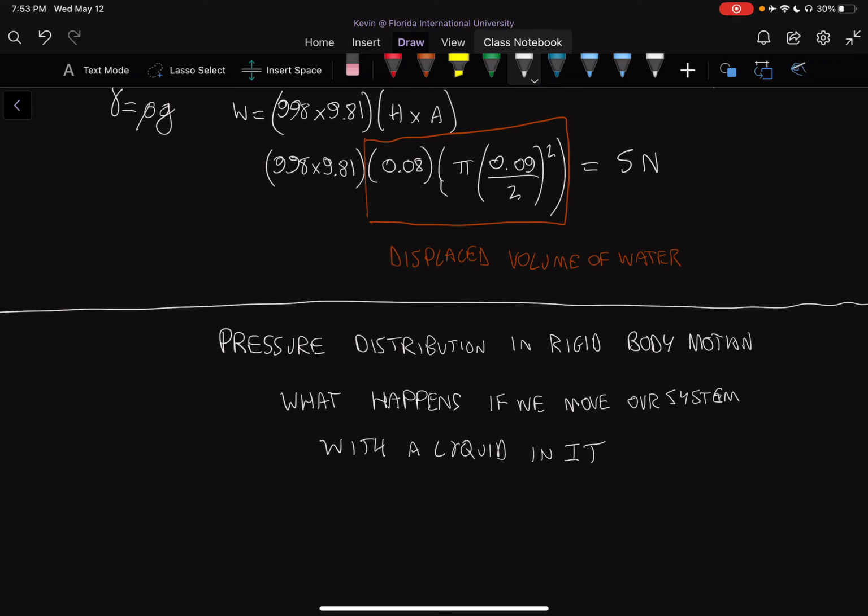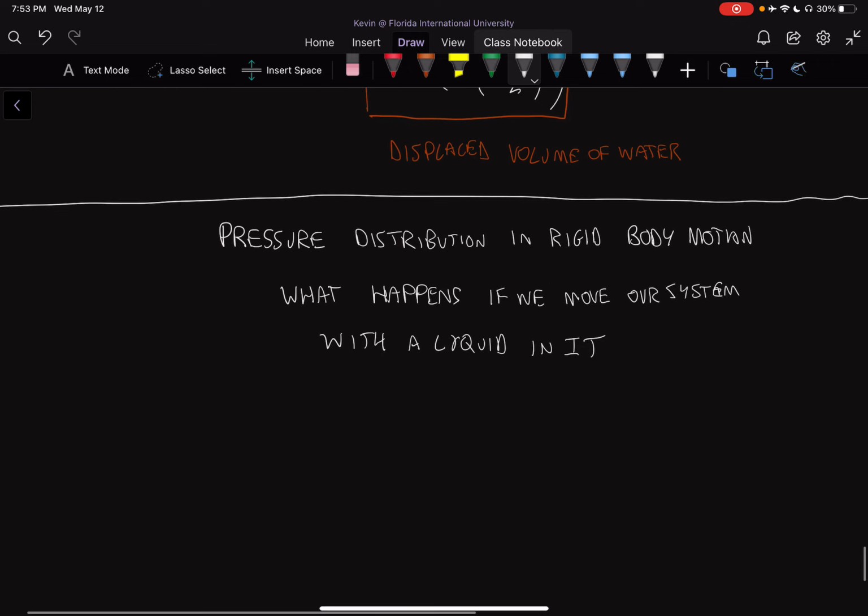Okay? So what I want you to think about, so I'll just write down what it actually does, is all particles are in combined translation. So when you move your cup from left to right very, very fast, all particles are in combined translation. And so all the water particles are kind of moving together, right?